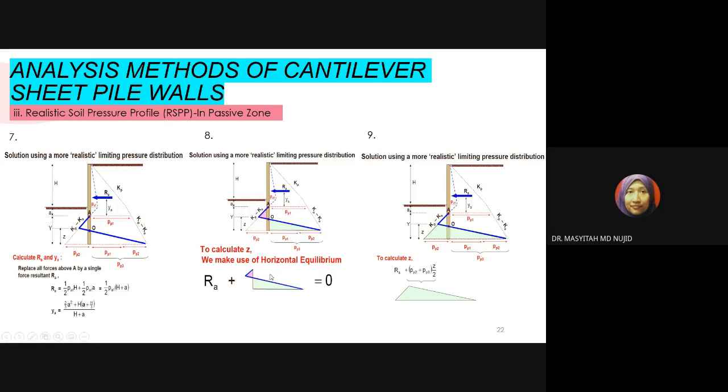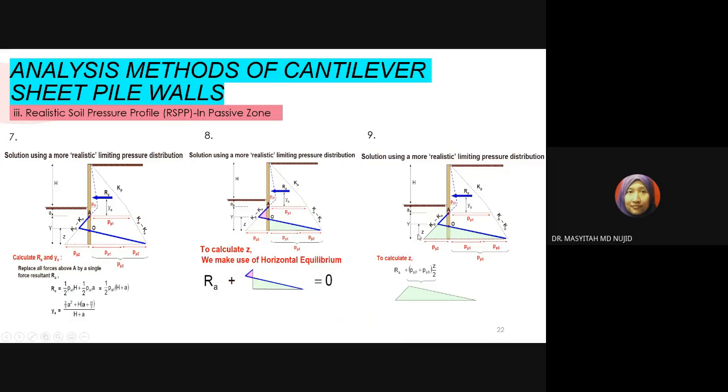Then to calculate Z, we make use of the horizontal equilibrium. Ra plus these diagrams go to 0. So take it part by part. So Ra plus PP2 plus PP3 times Z over 2. So this is the distributed pressure diagram from here in the Z zone, in the Z height.